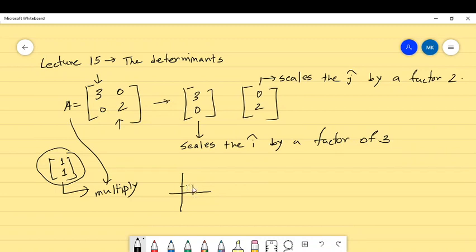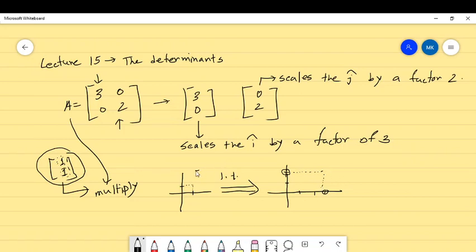After the multiplication with the matrix, your i cap goes to 3 0 here, and your j cap goes to 0 2 here.